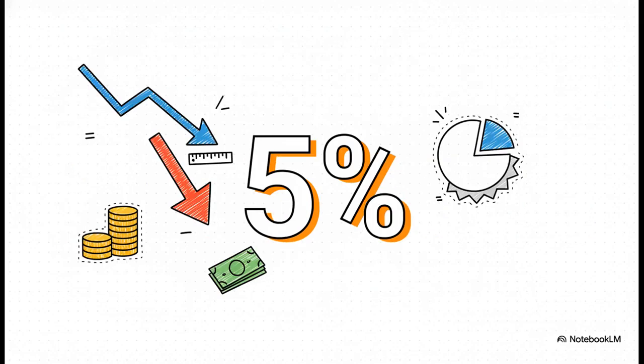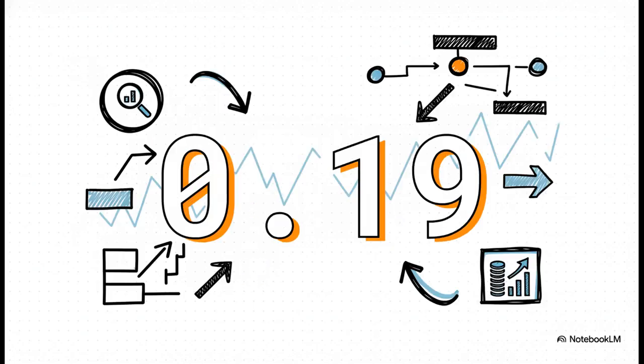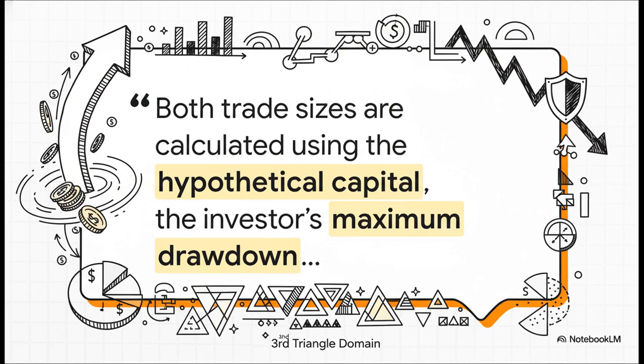And for this hypothetical scenario, the investor has set their expected maximum drawdown. They've decided that limit is 5%. Okay, so you take all those inputs and the model calculates a position size of 0.19. This single number is what determines how much is at stake for each of the two potential trades in the plan.